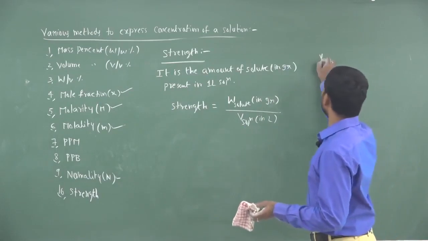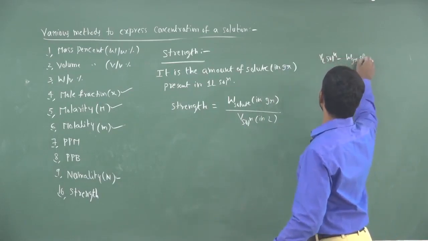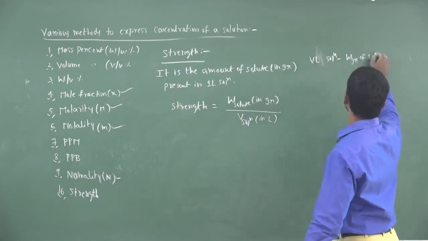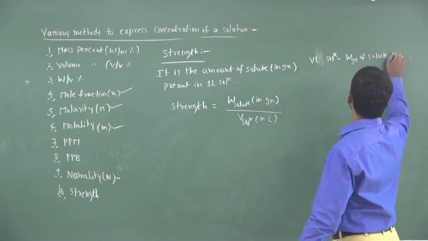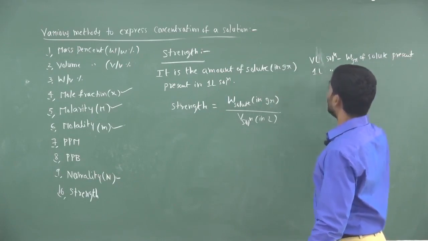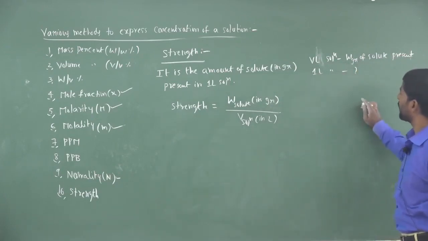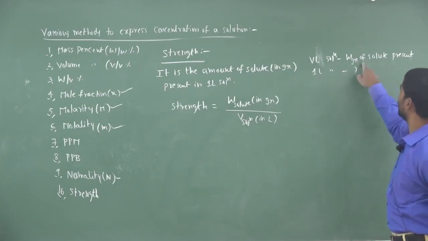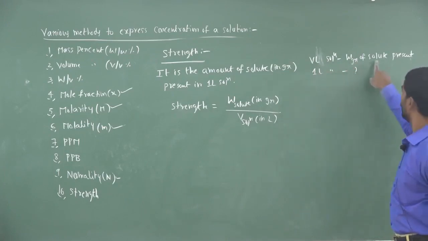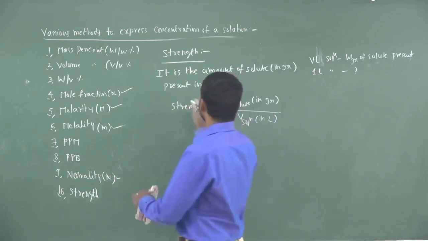For example, in V liters of solution, W grams of solute is present. Now we want to calculate for 1 liter of solution. So in 1 liter of solution, the weight of solute present is weight of solute in grams by volume of solution in liters.